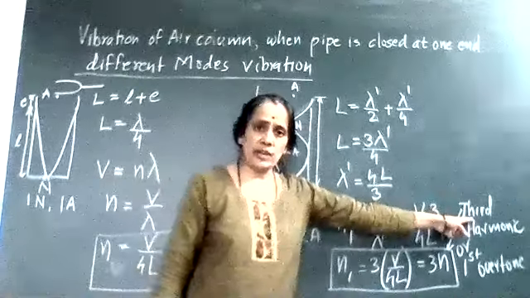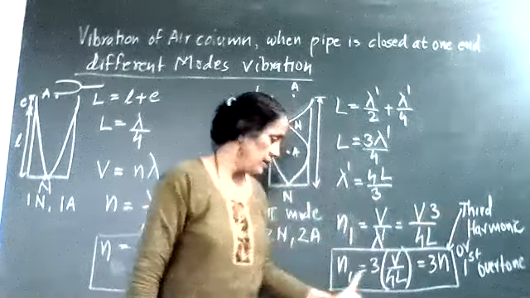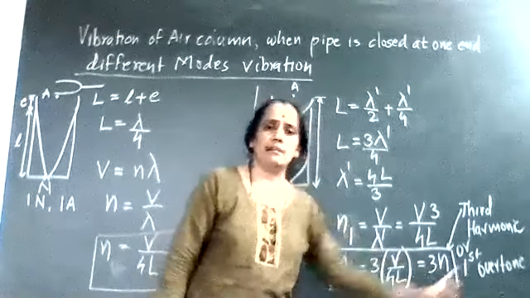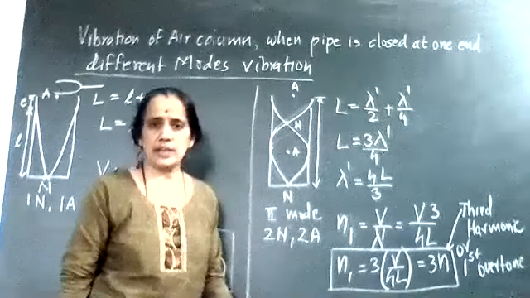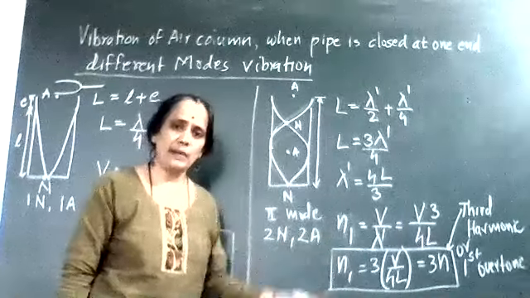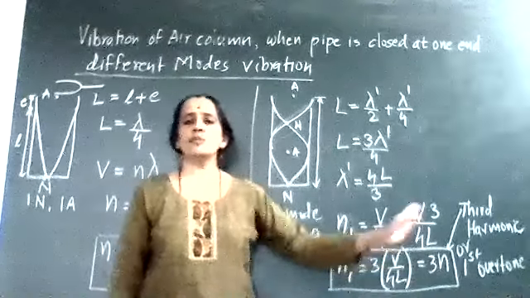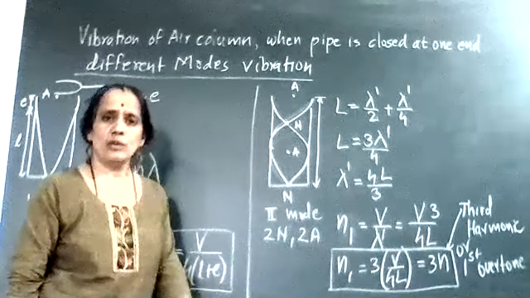Why third harmonic? Because N1 I am getting is equal to the product of 3N. N is the fundamental frequency, and N is multiplied by 3. So it is the third harmonic frequency, or it is called your first overtone frequency.